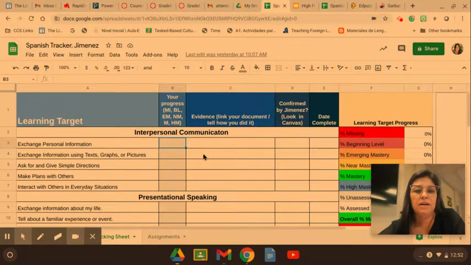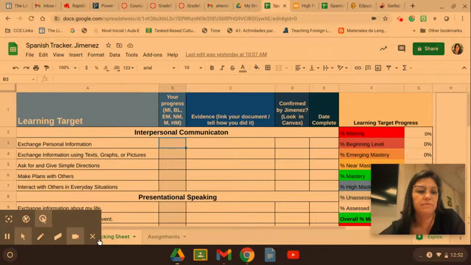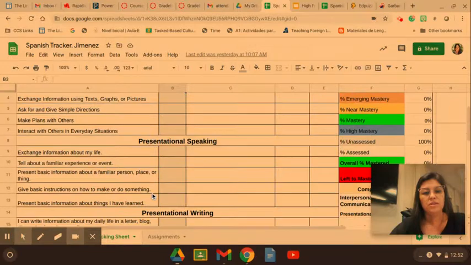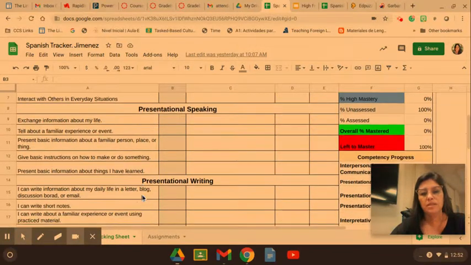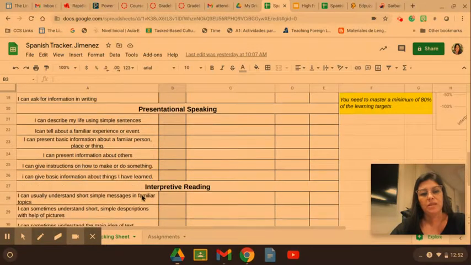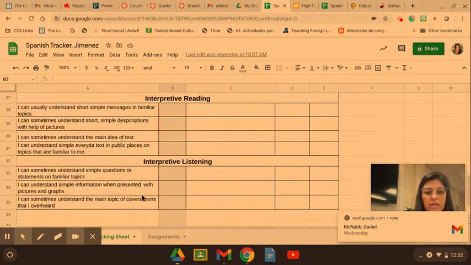It's divided by the five competencies in Spanish, which are interpersonal communication, the presentational speaking, the presentational writing, the interpretative reading, and the interpretative listening.